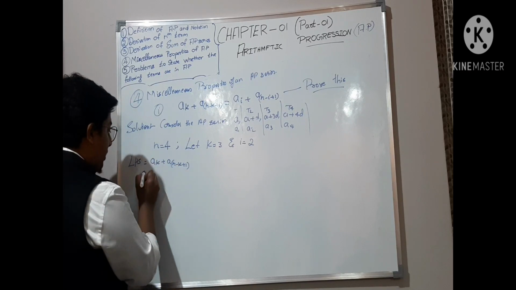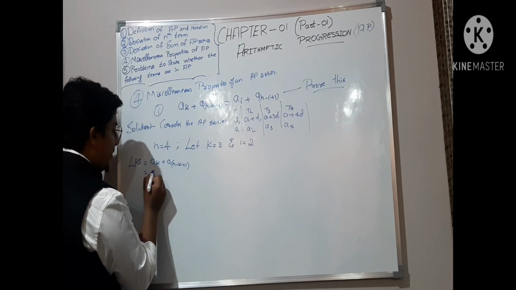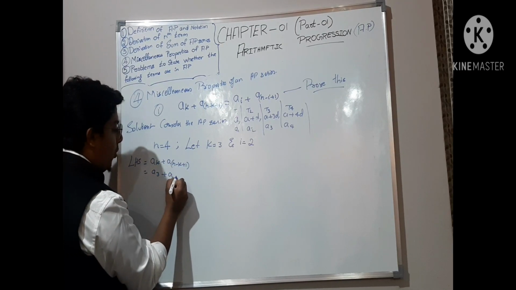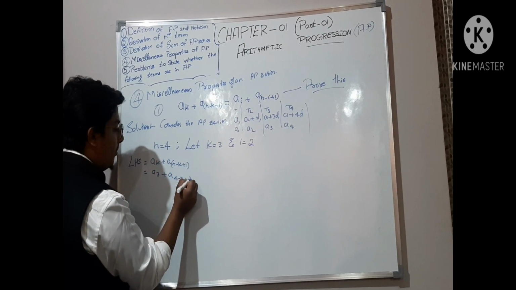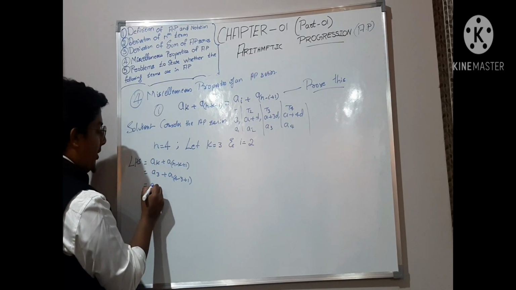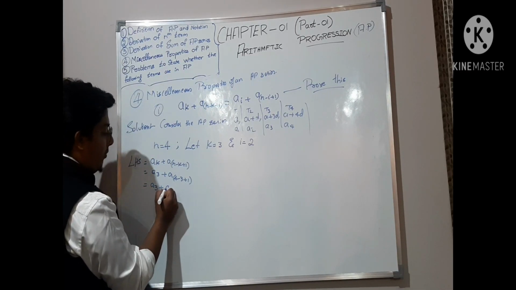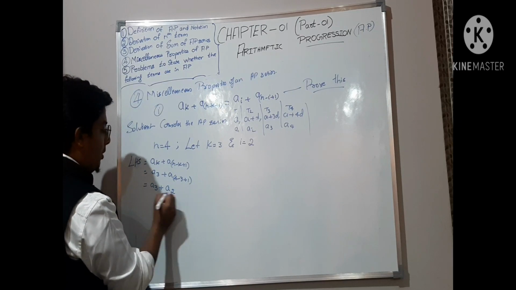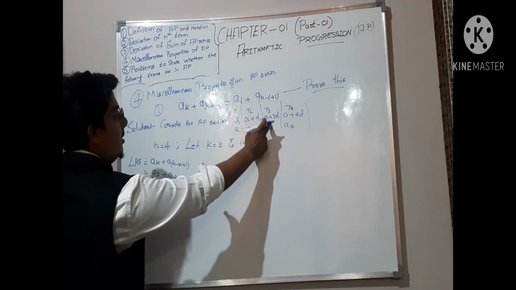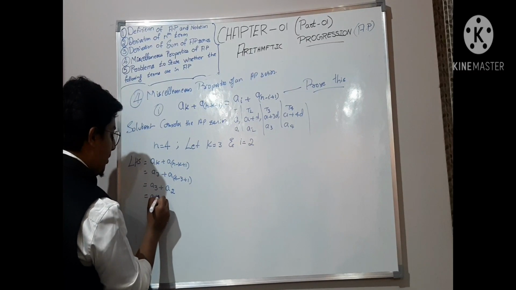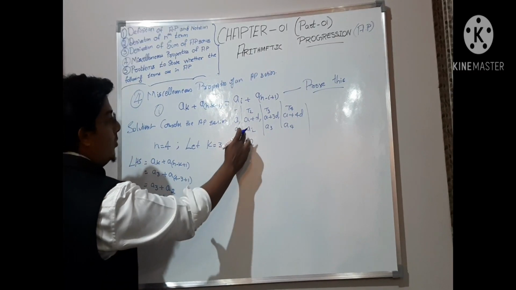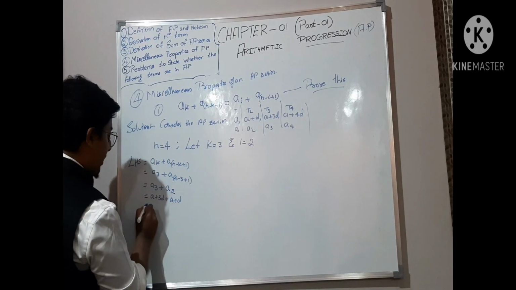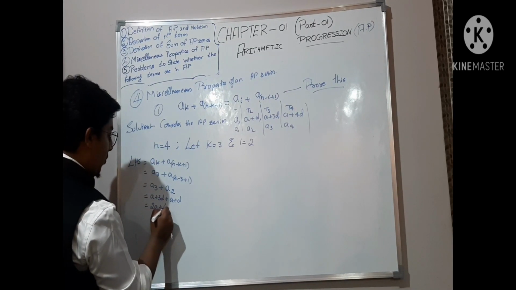With k as 3 and n as 4, 4 minus 3 plus 1 is 2, so we have a3 plus a2. The a3 term is a plus 2d and the a2 term is a plus d. So if we add, we get 2a plus 3d.